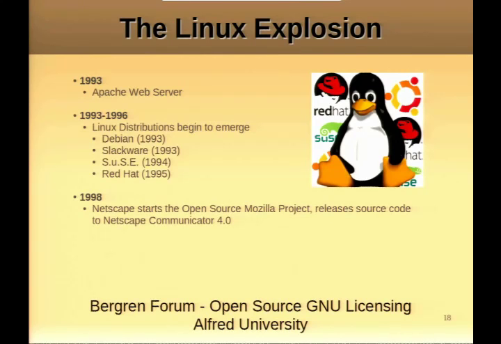So, to answer this, Netscape went ahead and took their project, their Communicator, and started the open source Mozilla project, and Mozilla was the code name for Netscape, and they released the source code. So now you have a free browser that is open source, that is manipulable and redistributable. And that was a really big step toward open source and toward having some competition from Microsoft, frankly.